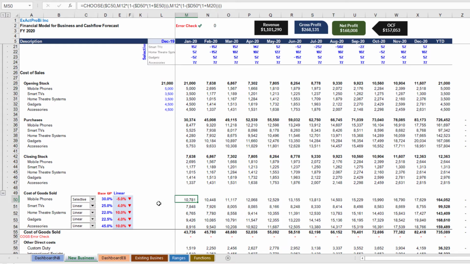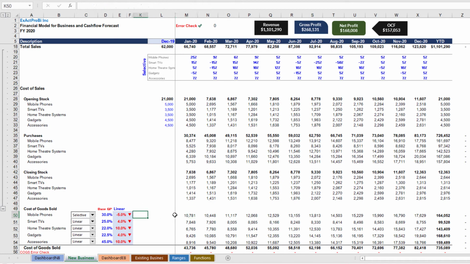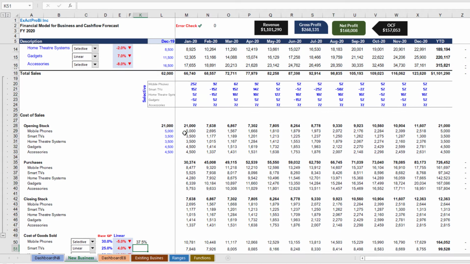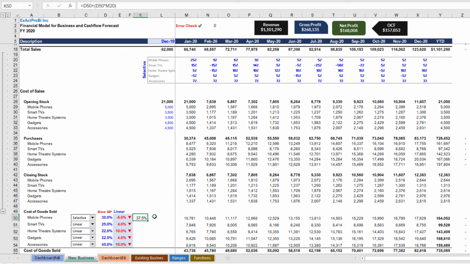So here you can see the cost of sales has gone down by a big amount, and we got additional 25% gross profit. So actual gross profit for this month would be this plus this percentage, enter. So we got gross profit of 37.5% for January in mobile phones, and accordingly this cost of sales is worked out. So we can check that as well.